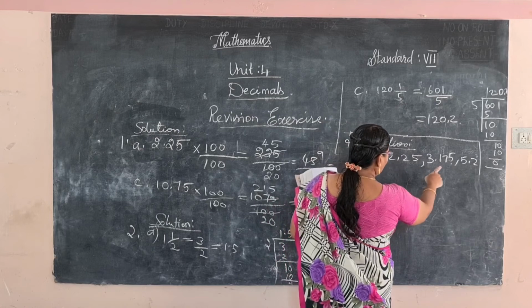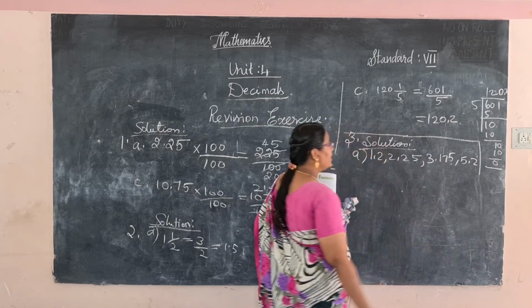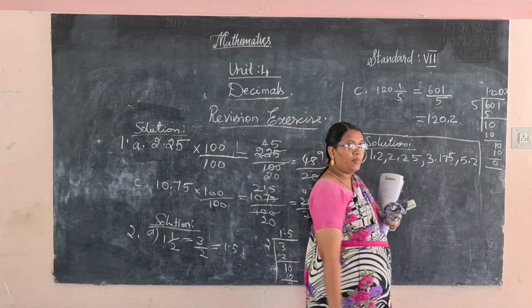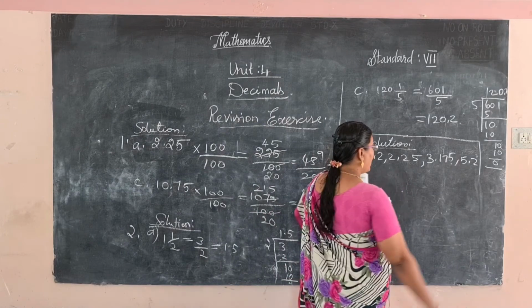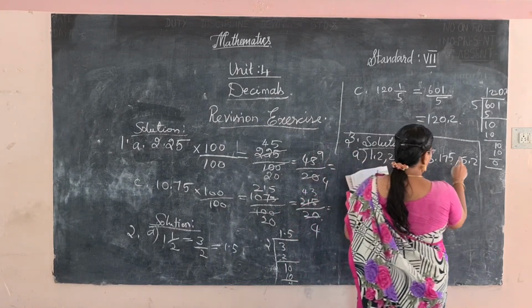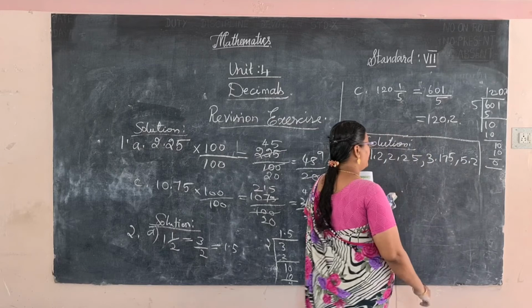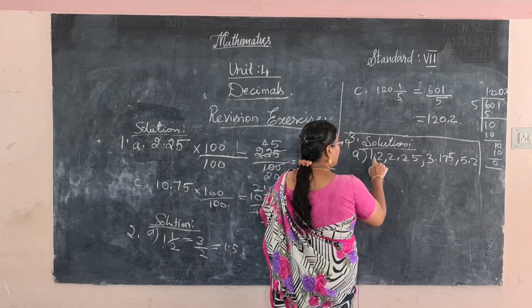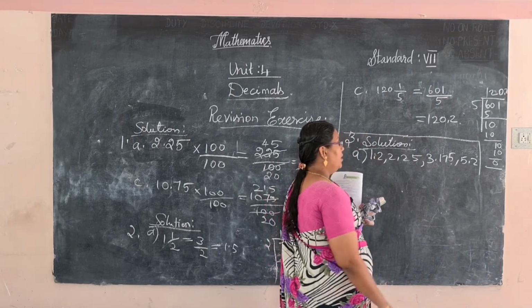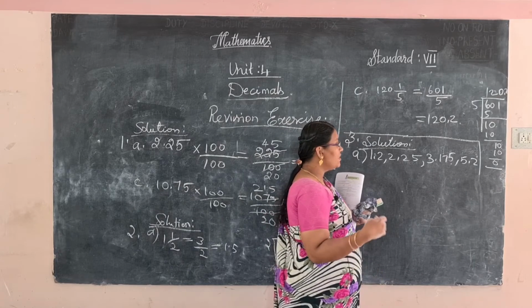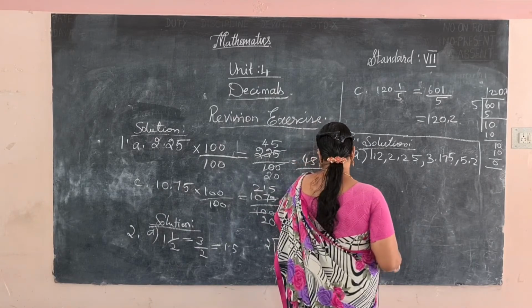So the highest decimal part is the 1000th place. So we have to convert all the unlike decimals to like decimals.